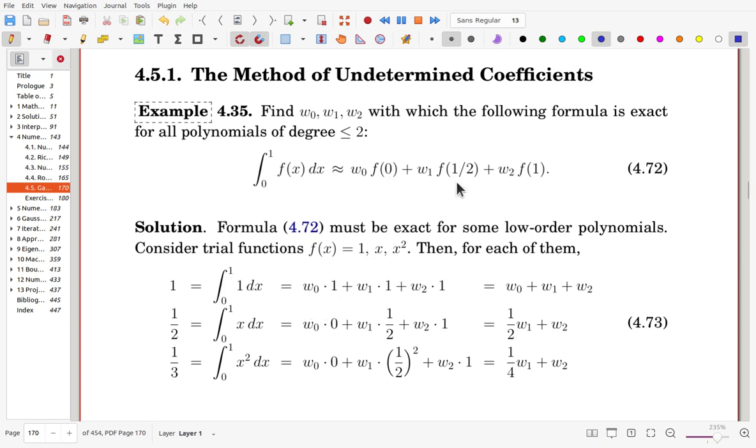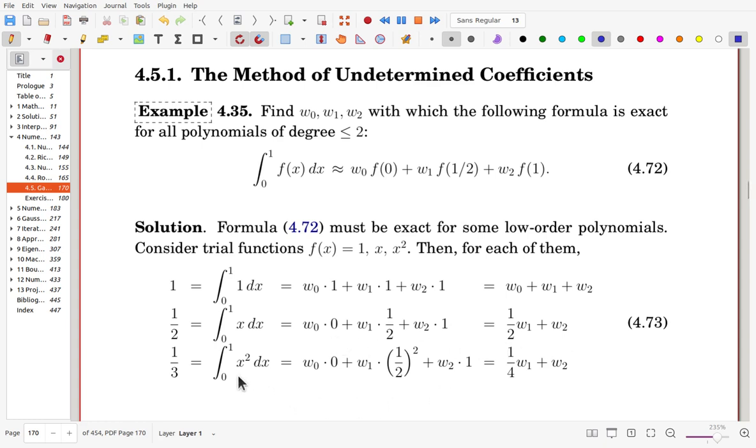F has always the value 1, so we have that one. Now f is x, then the integral will be half, and the function x at 0 must be 0, at half the value must be half, and at 1 the value must be 1. So we rewrite these terms.